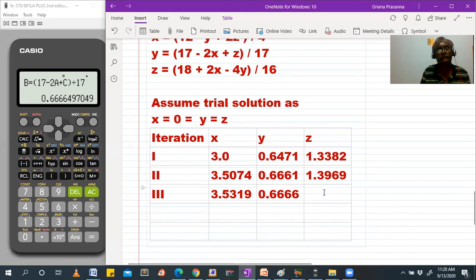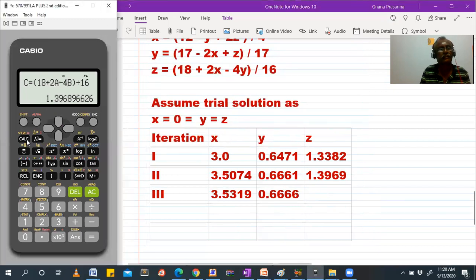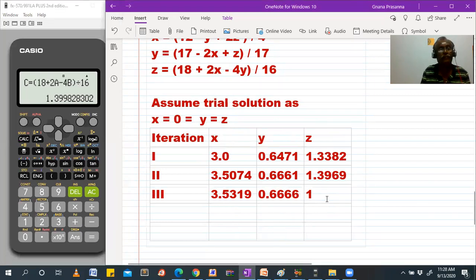For C, calc, equal to, 1.3998. Now still it is not convergent. Again you go to the next step. Repeat this.